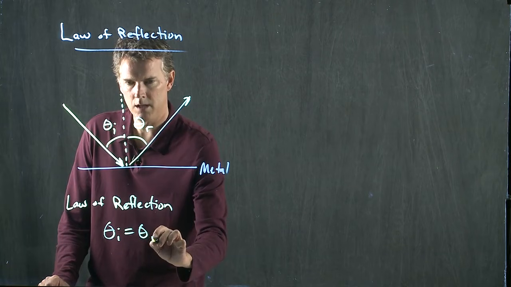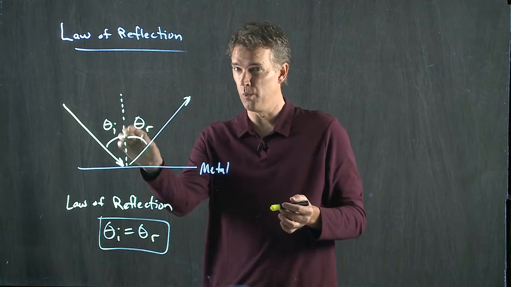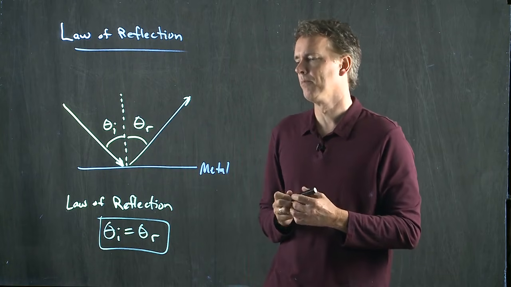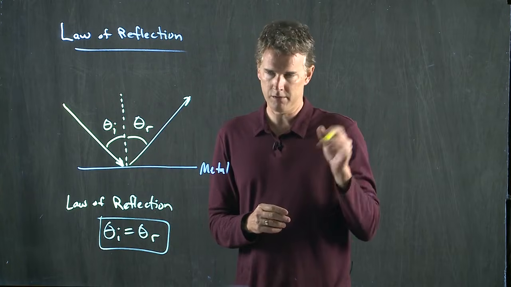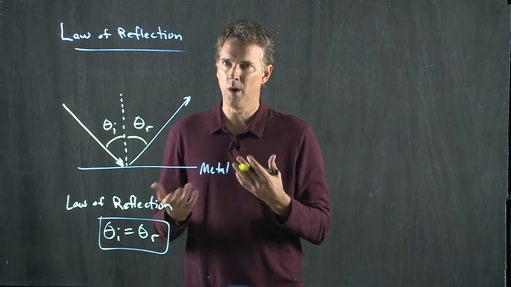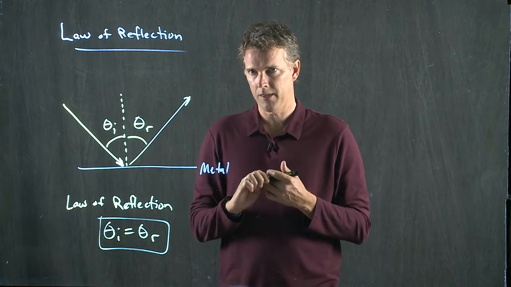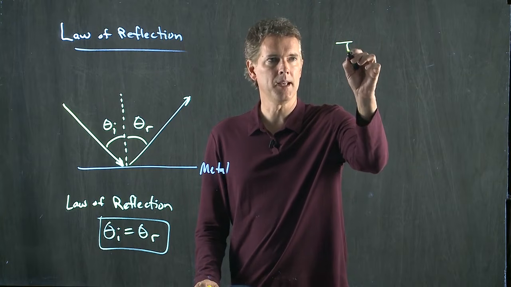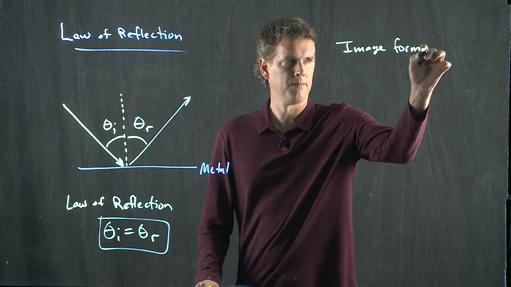Incident equals reflected. Remember, they're always relative to that surface normal. Okay, so in the case of the mirror that we just talked about, we said, where is the image? Using this law now, we have to think about how do you form an image in a mirror?